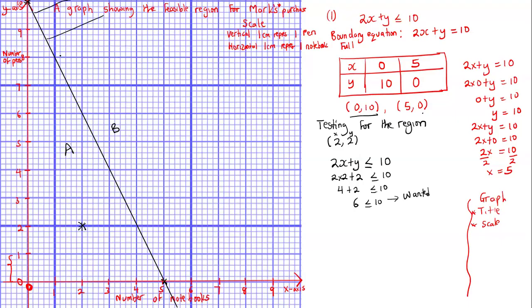So we shall shade our graph like this, like that. Then I write my equation, 2x plus y is equal to 10. Please here write an equation, do not write an inequality. So I label it, that is my equation.